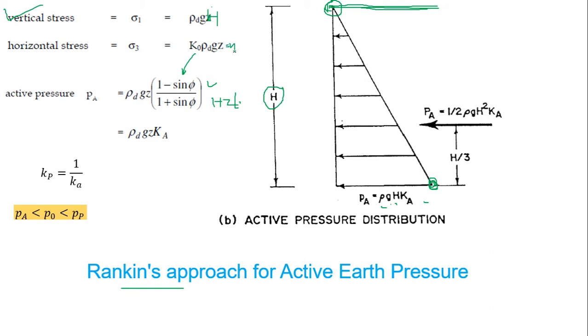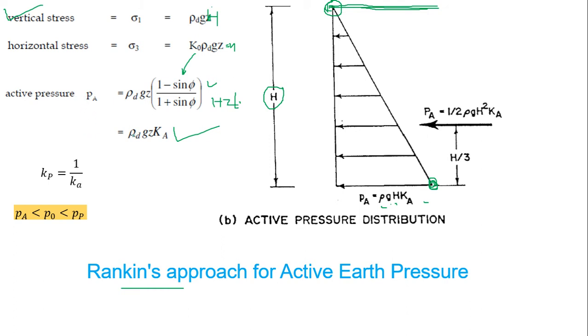So the vertical stress value is rho gh, and if you want to find the magnitude of the horizontal stress value, we need to consider this K or the K0, that is the coefficient of active earth pressure. Here I have put the values of K0, that is (1 minus sine phi) over (1 plus sine phi), and this will give us the magnitude of active earth pressure.